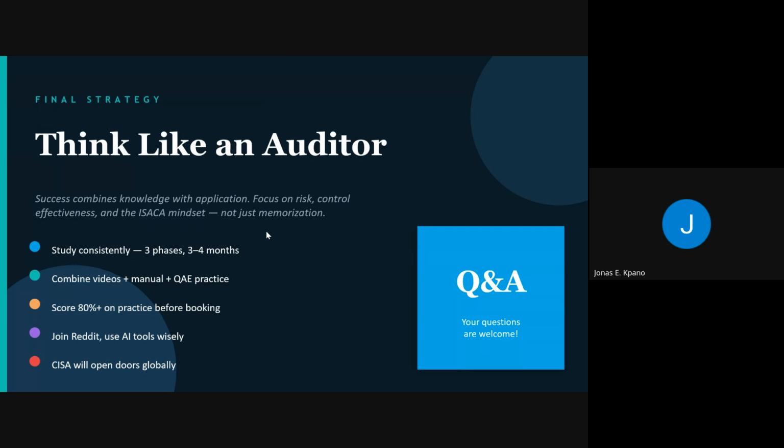If someone is taking you because of that CISA certification alone, instead of starting from level one, let's say the ranks start at level one, because of the CISA exam alone, you can be placed at level two. It shows you've taken this globally recognized exam and truly have this knowledge, so instead of starting from level one, you'll start from level two.